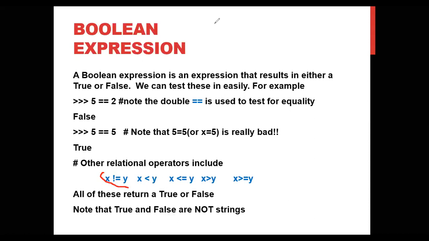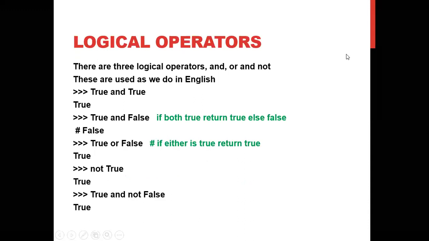After these conditional operators, we need to go on to logical operators and logical expressions. Here observe this. In Python, there are three logical operators: logical and, logical or, and logical not.